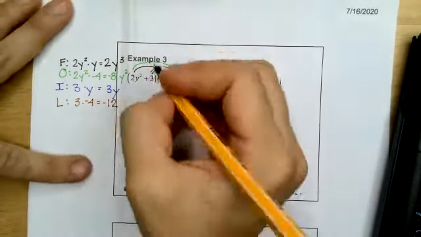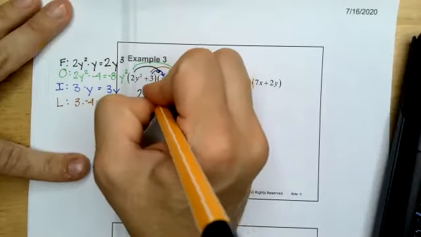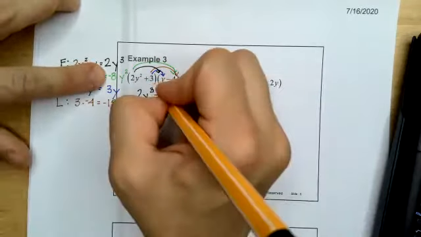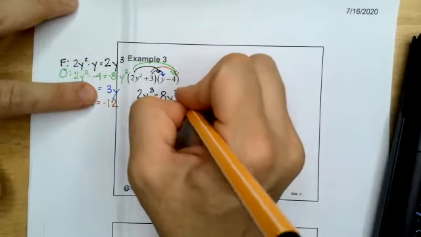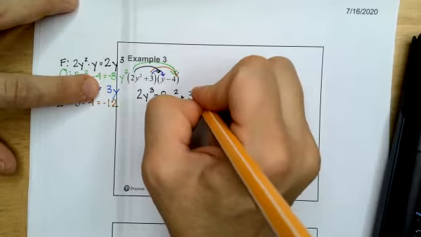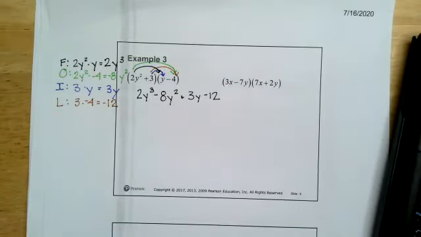So that is 2y to the 3rd minus, because it's a -8y squared, plus, because there's no sign in front of the 3y, minus 12. And that one, there are no like terms to combine.